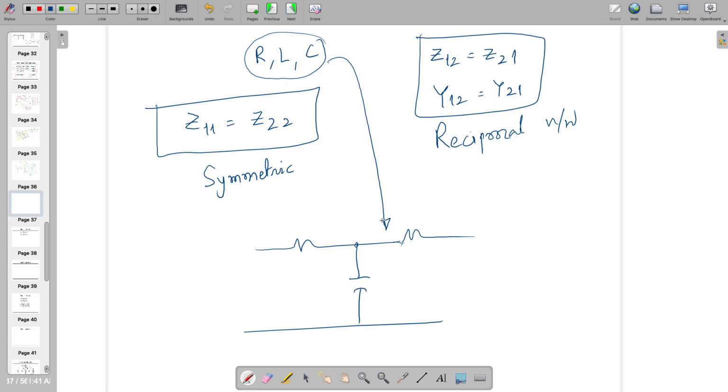And I believe you have not studied the gyrator anywhere, right? So we are going to study the gyrator. Then it will not be a reciprocal network. It might be symmetric, but not reciprocal in the case of a gyrator. So accept that all the RLC circuits are actually reciprocal, not symmetric. Symmetric you need to make it. So this is symmetric, but sometimes it's not symmetric, right? So this is the case.